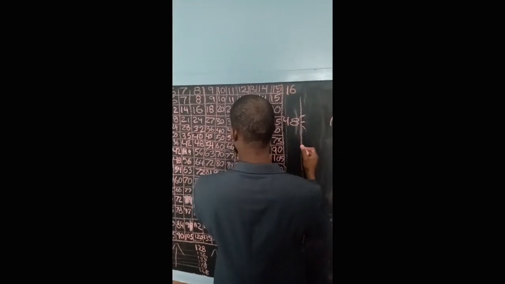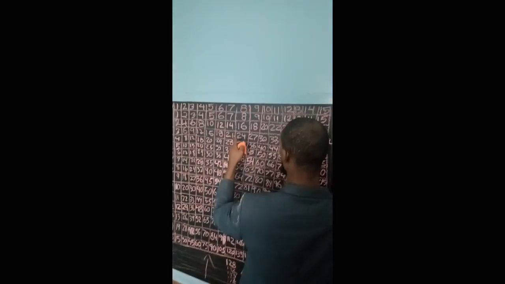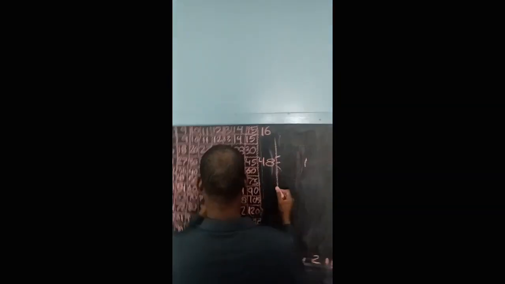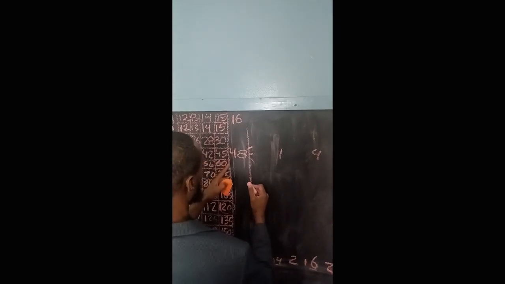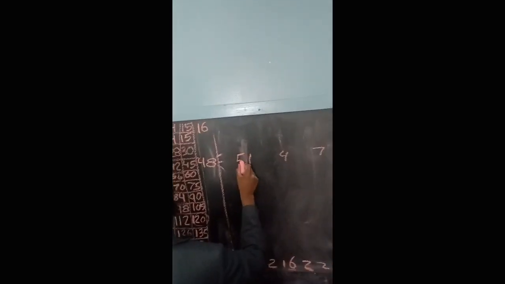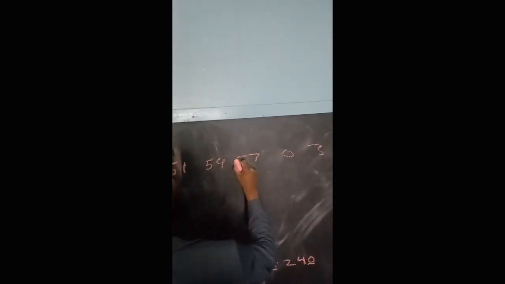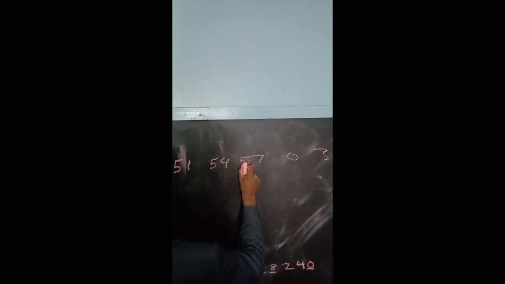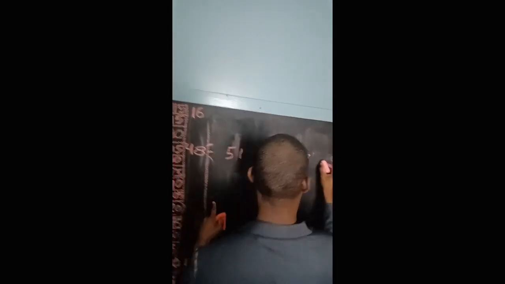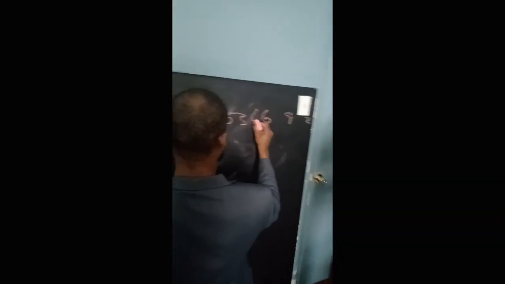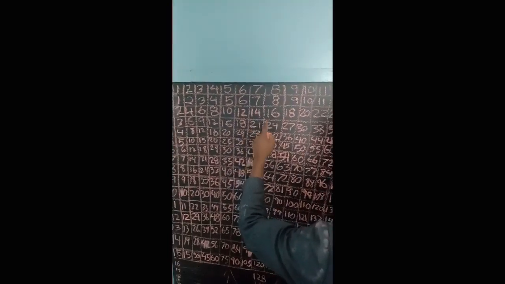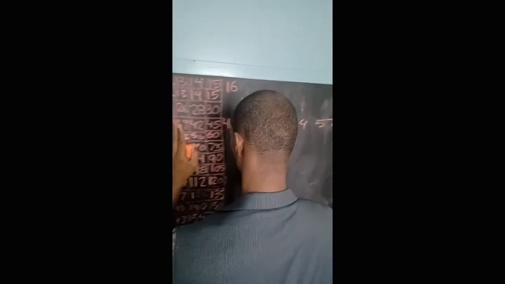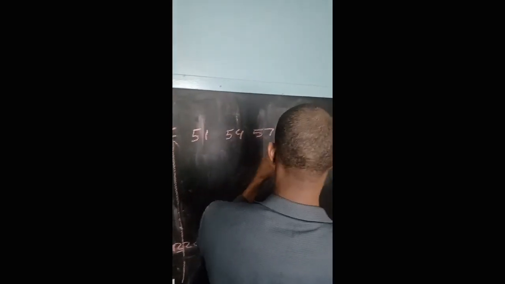We're gonna go down now. 000, 111, 222, 3333, 444, 555, 6666.